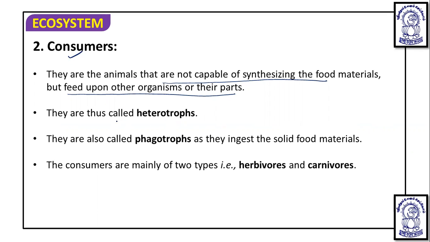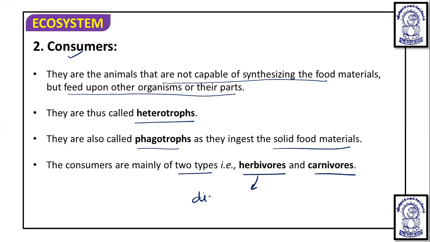They are directly or indirectly dependent on producers, and they are heterotrophs. They are also called phagotrophs as they ingest solid food material. Consumers are of mainly two types, herbivores and carnivores.